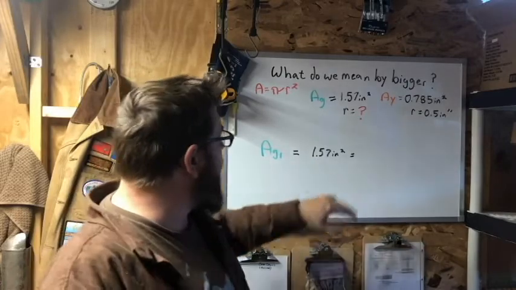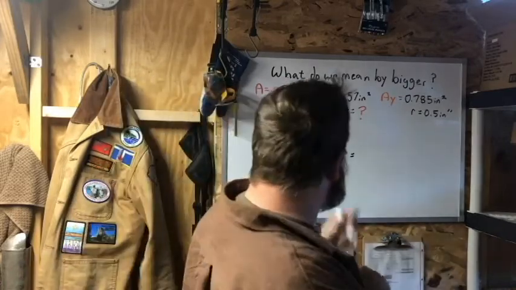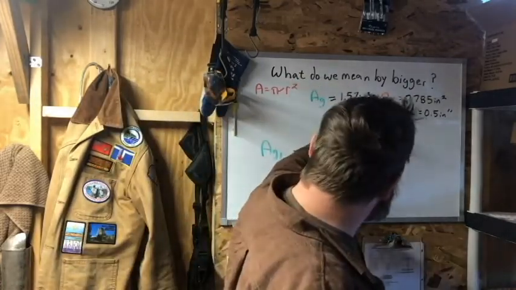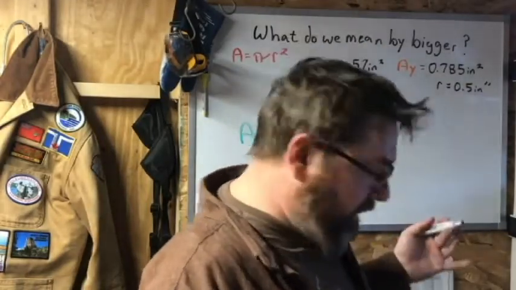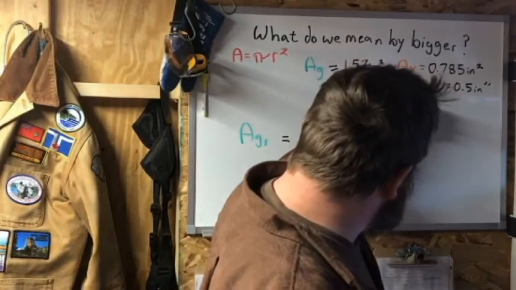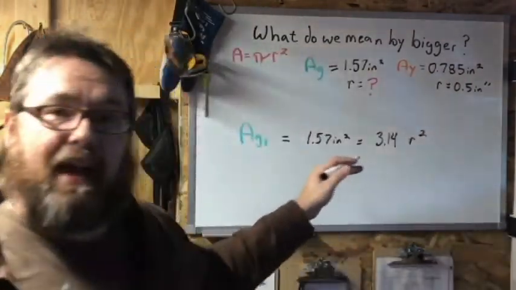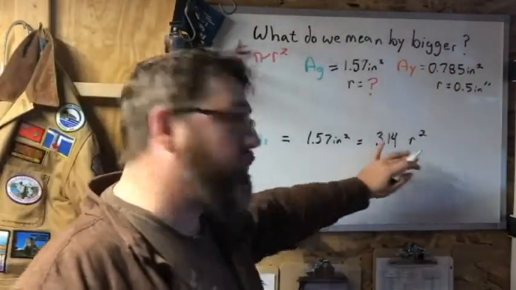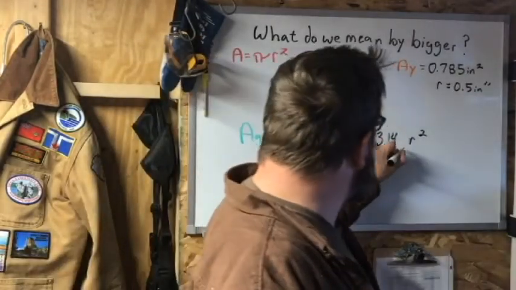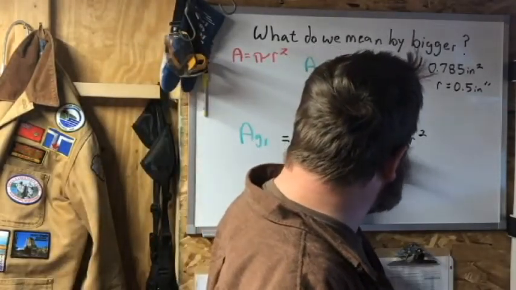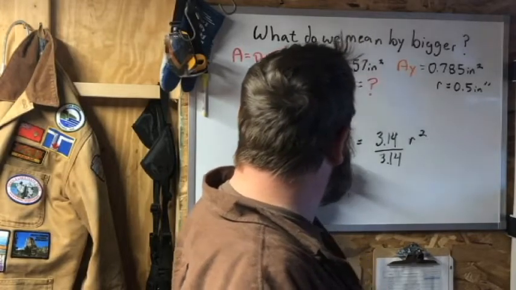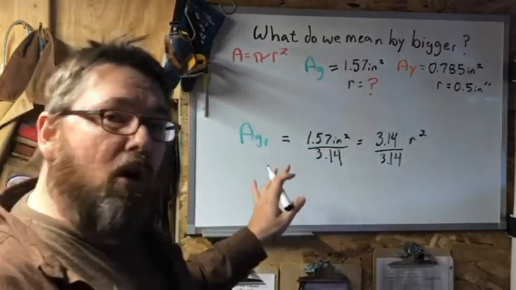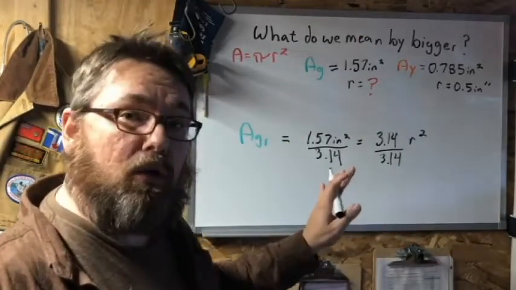So that is our area, and we set it equal to pi, which is 3.14, multiplied by our radius squared, which we don't know. And via the last algebraic manipulation, how do we solve for this? Well, we divide by 3.14 and 3.14. Now you can do the math as you go along, or you can do it at the end. I'm going to do it here as we go along.